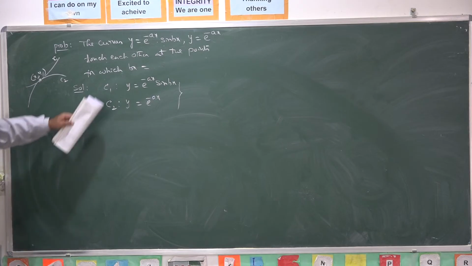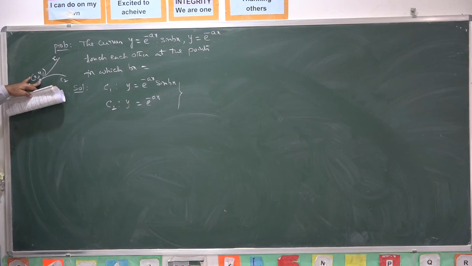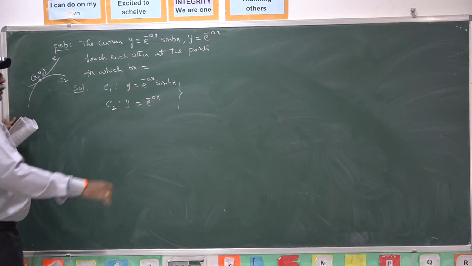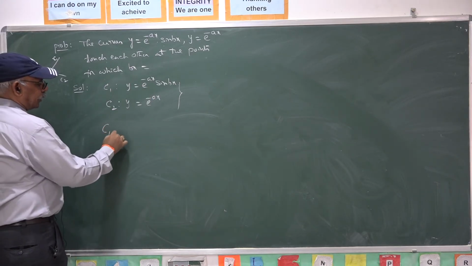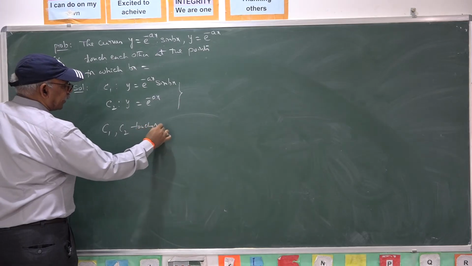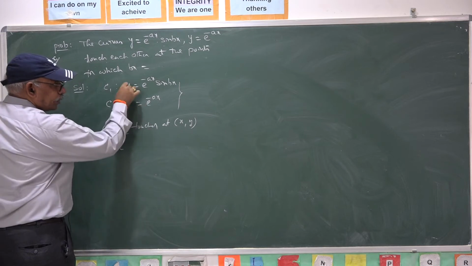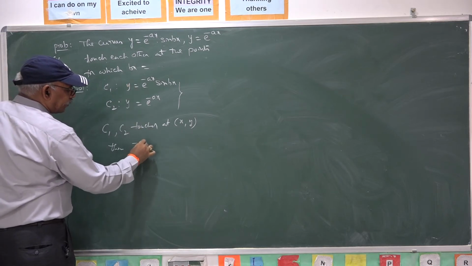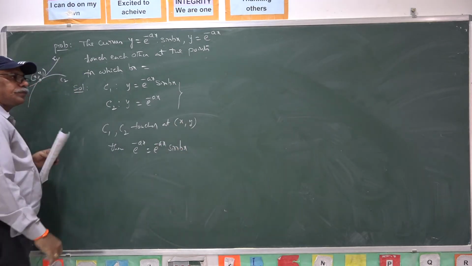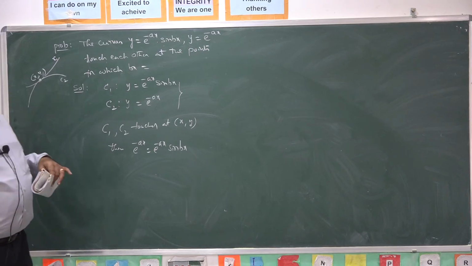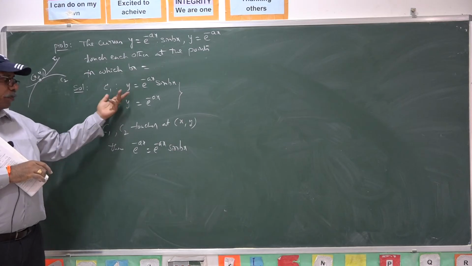Once these two curves touch at a particular point, the y values are equal. So C1, C2 touch at x comma y, then you can replace y with e power minus ax sin bx at that particular point, taking x equal to x1, y equal to y1 in both cases.